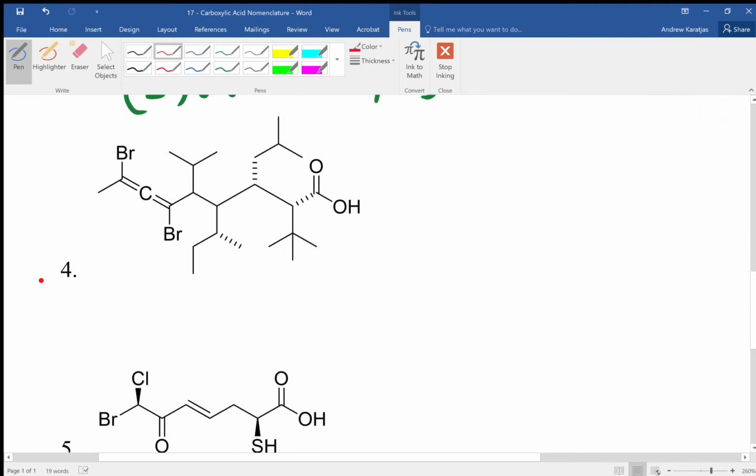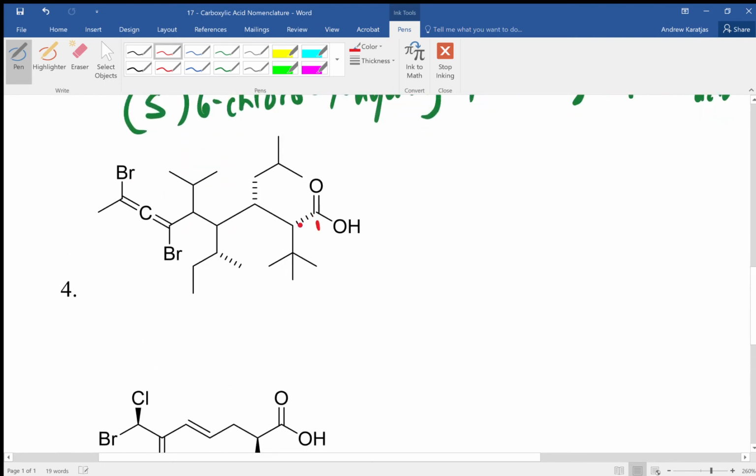All right, number 4. We have a 9-carbon chain that's going to be nonanoic acid.